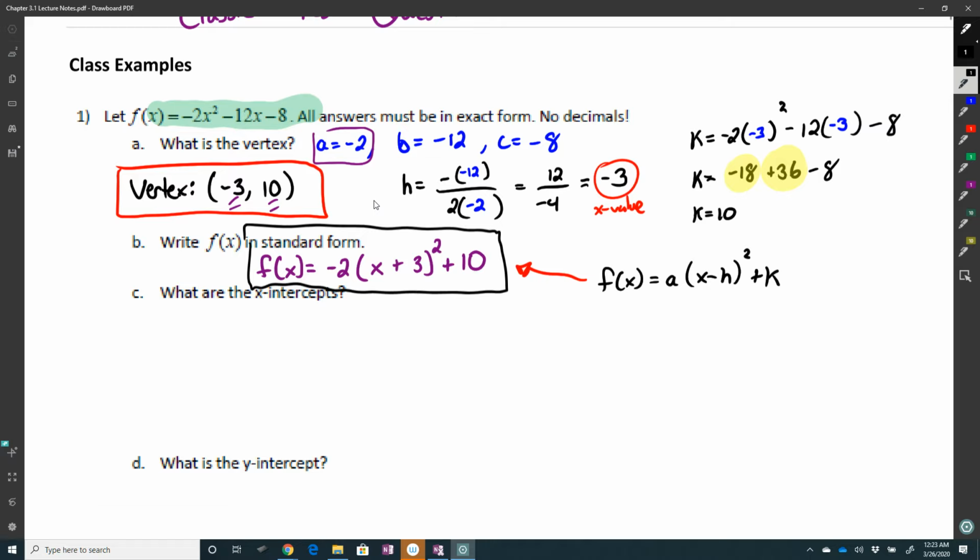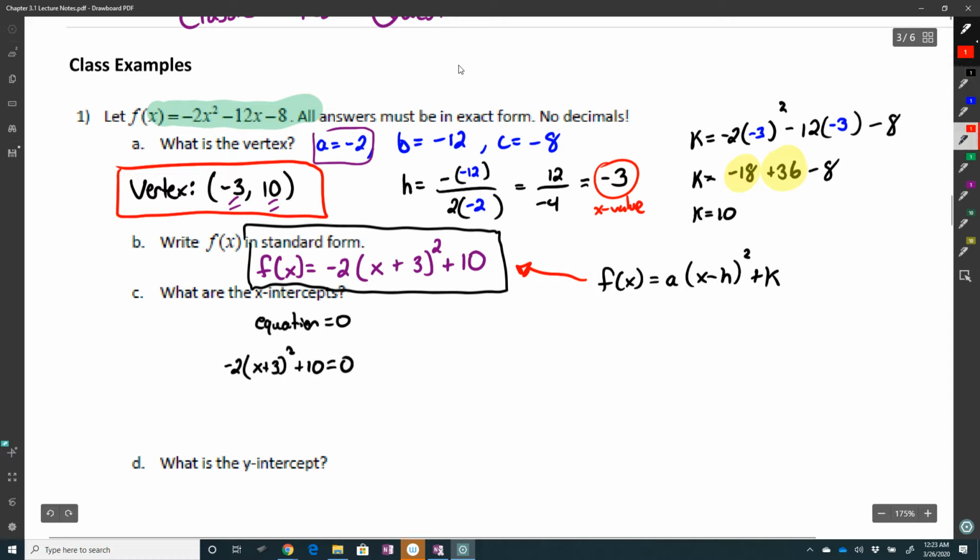So now we're going to look for the x-intercepts. The x-intercepts are basically when you take the equation and set it equal to 0. There are two versions of the equation that we have: the one that we just did, and the original. So let's do the one we just did. Negative 2 times x plus 3 squared plus 10 equals 0.